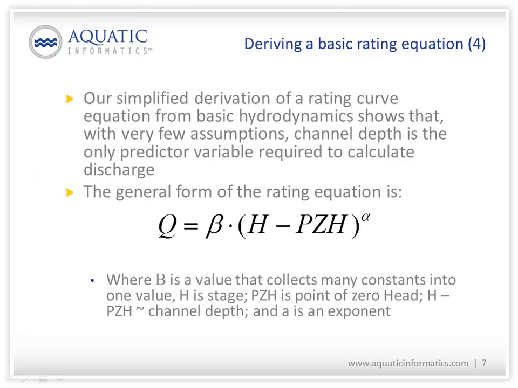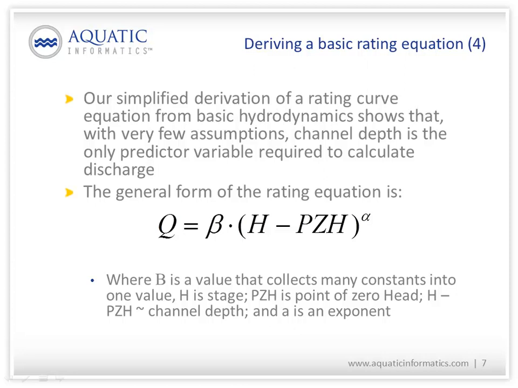What we're going to do now is generalize this very basic equation that we've developed for discharge based on depth into a much more pragmatic and useful form, where we have discharge equals beta, which is a product of many variables that we believe to be constant, times stage minus PZH, this point of zero head.